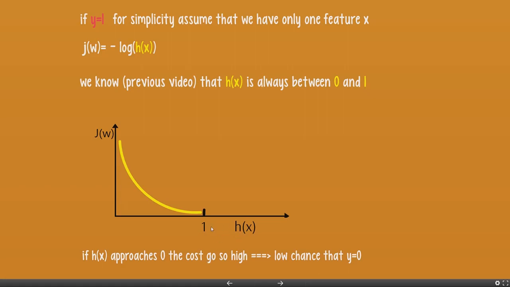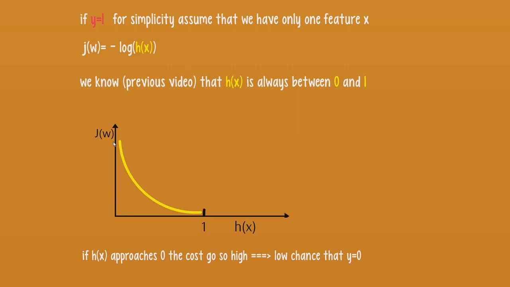So if h of x goes to 0, the cost is so high, so we are wrong. The goal of machine learning is to minimize the cost function, as we said before. The lower the cost function goes, the more right the answer is. So if our h of x goes to 0, that means we are wrong. That means h of x should go to 1 actually.